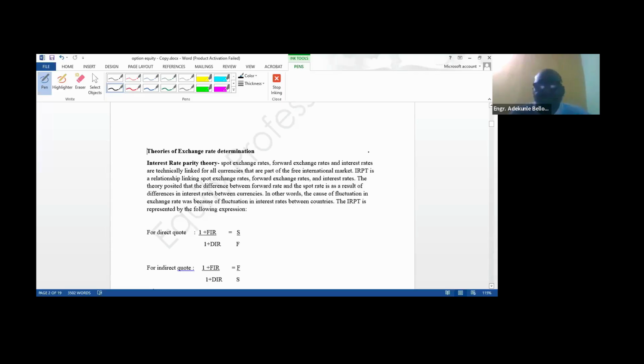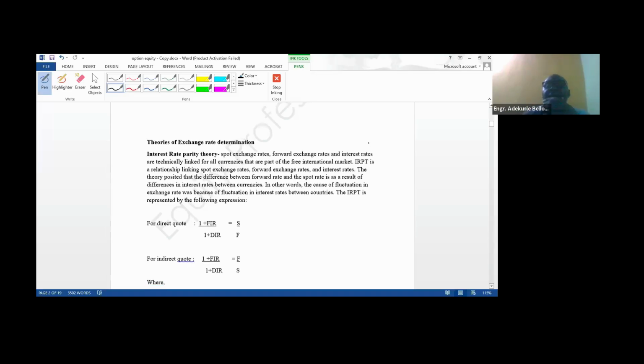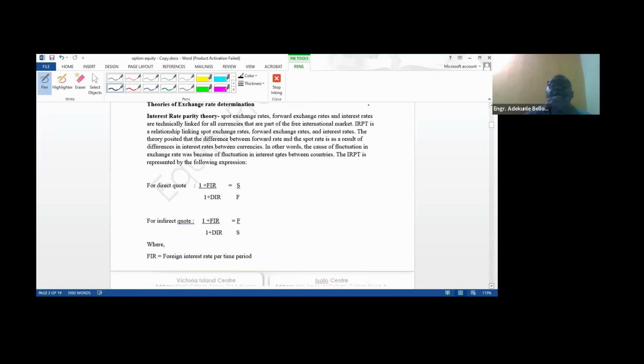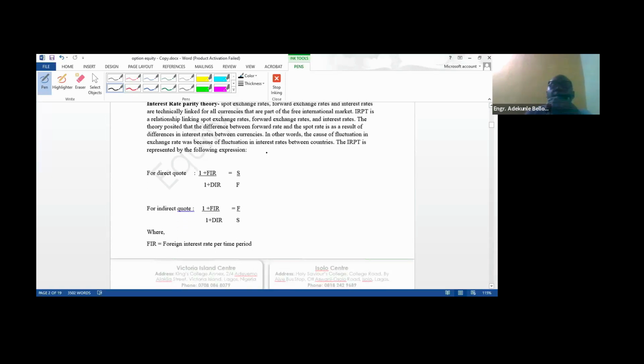For example, look at the example, assuming interest rate in Nigeria is 25%.